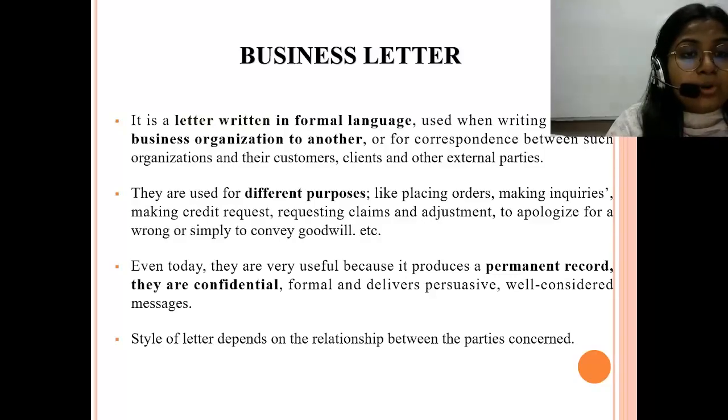Sometimes you write to give information to someone. Sometimes you may be asking for some information from a particular person or a company.